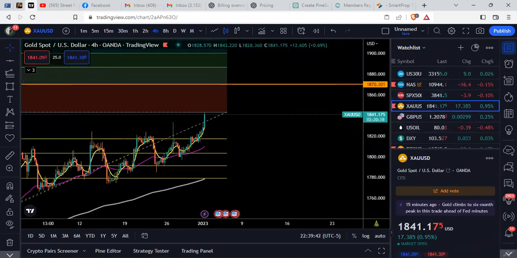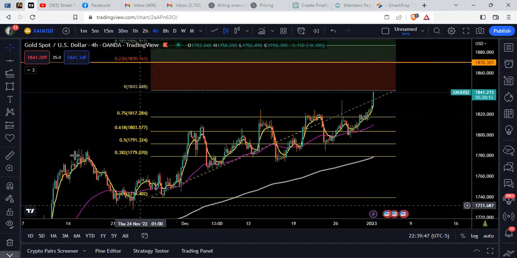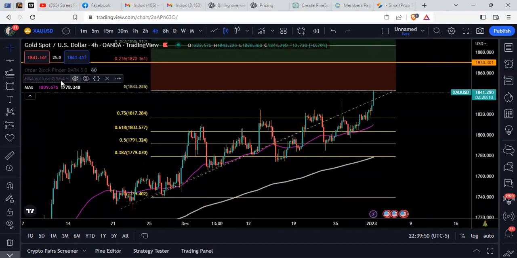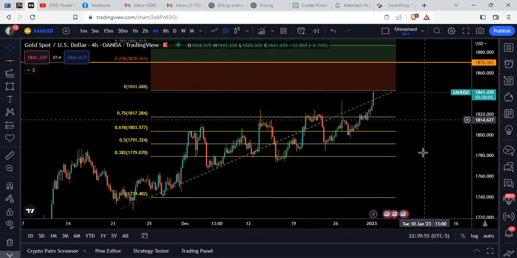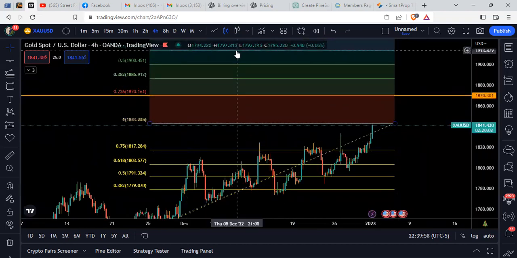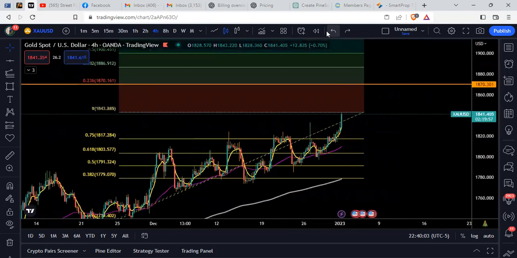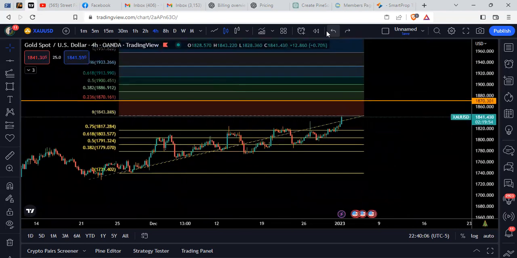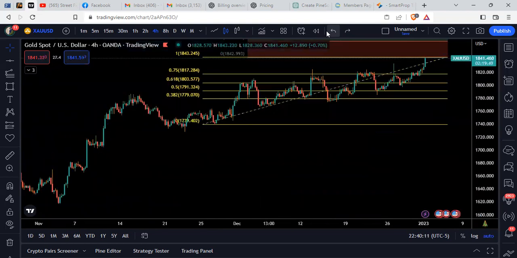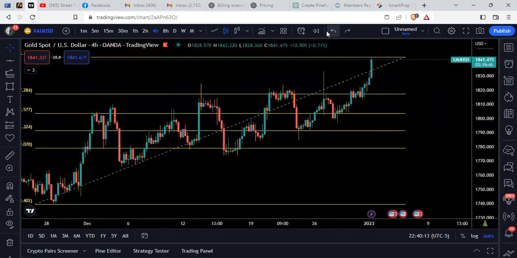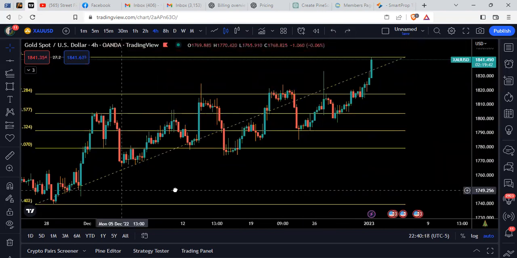But look, right here with this gold jump, what I did is I drew my Fibonacci, and then I used the Fibonacci extension tool. So I drew my Fibonacci right here.